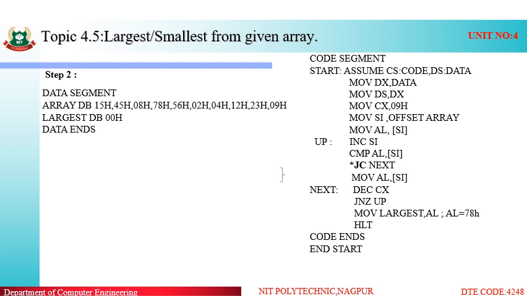We use the same pointer, move the pointer element into the AL register, increment SI, compare, but here we have used the JC instruction. JC means jump if carry, that means the source number is smaller than the destination number. The remaining logic will be the same.